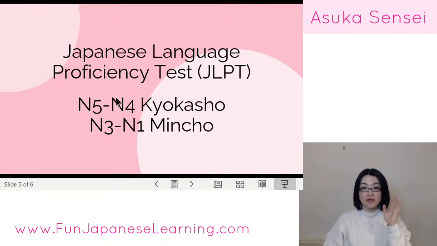These exams are written in kyokasho fonts, because we believe all Japanese learners have to understand the correct shape of letters and characters.